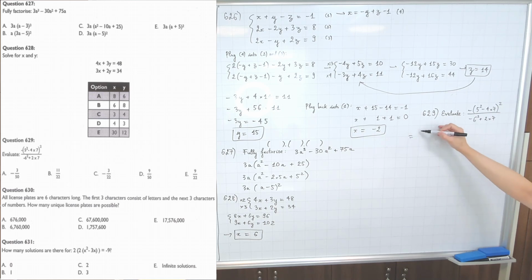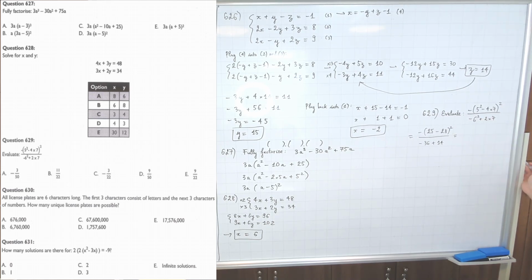So, 25 minus 28. Square it. 36 plus 14. Okay, 25 minus 28 is going to be minus 3.